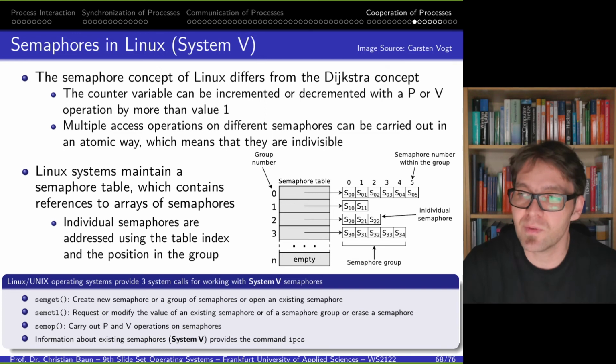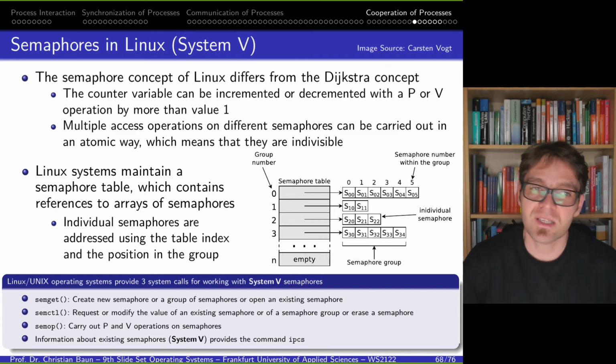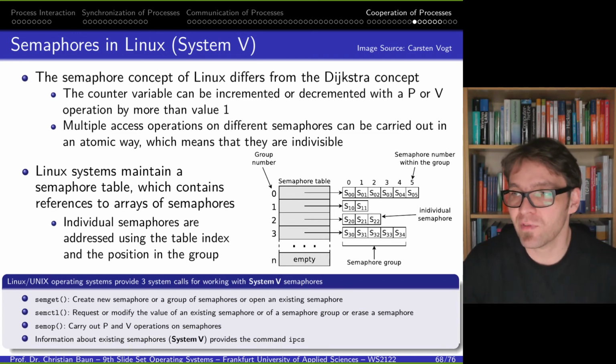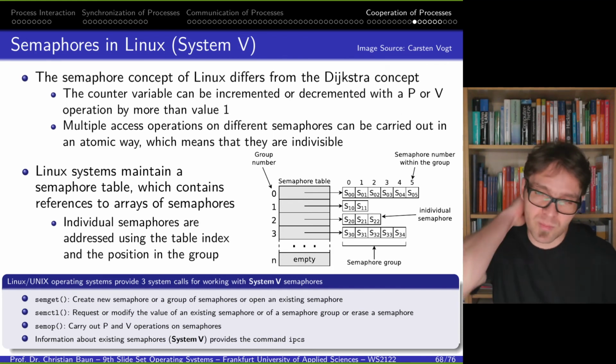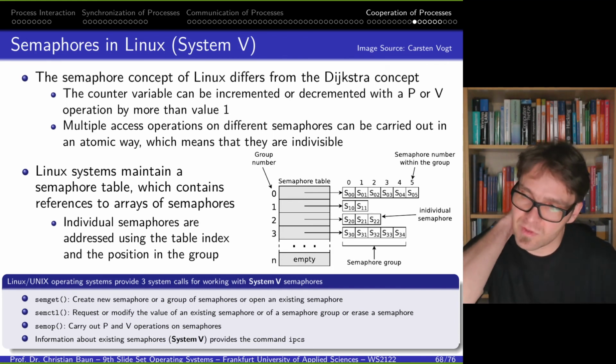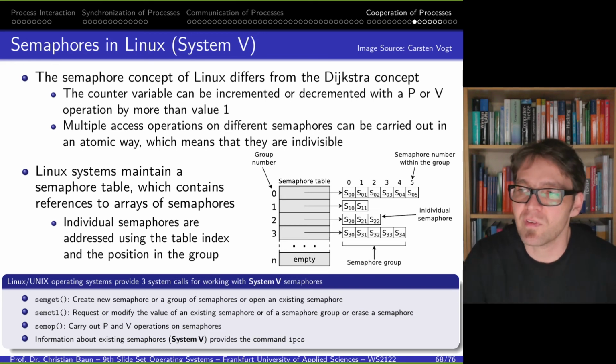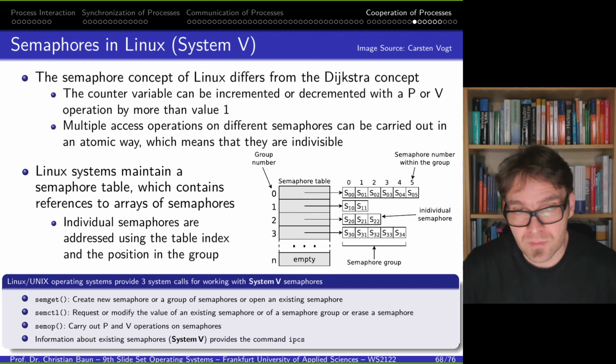So you can ensure that only if all semaphores in the group can be decremented by the P operation, the process which wants to do this summed up operation may continue. So these things can be done in an atomic way.